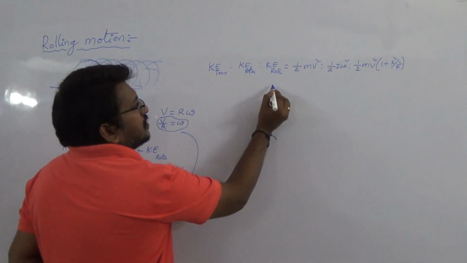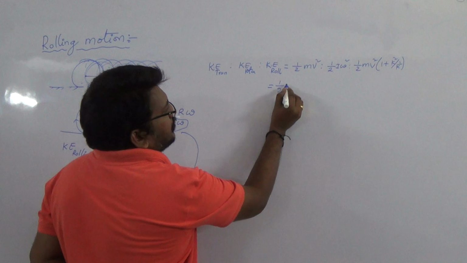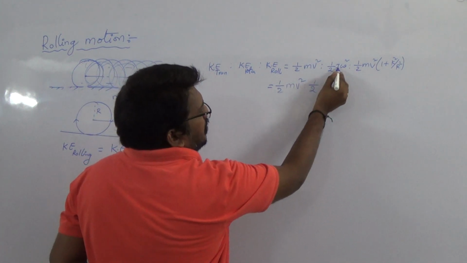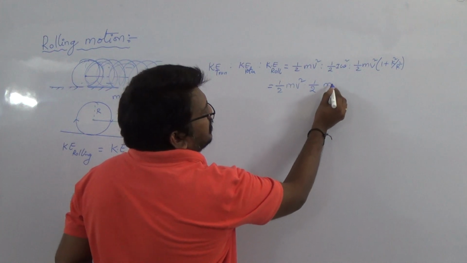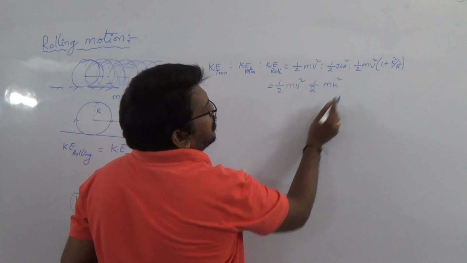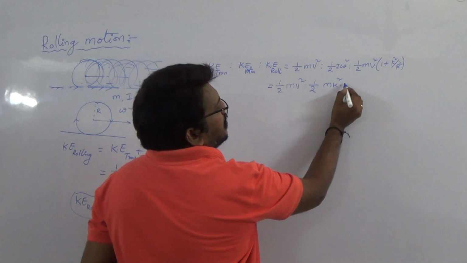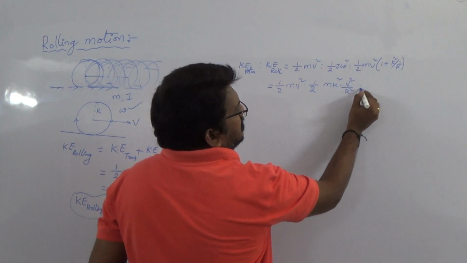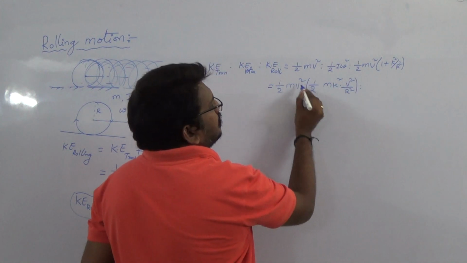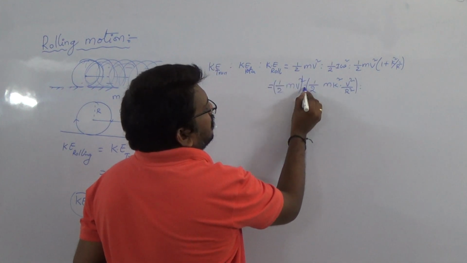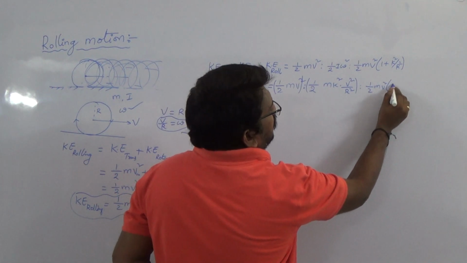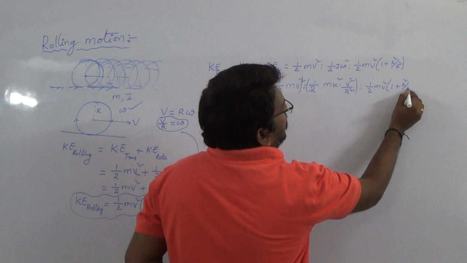So half m v square is to half, in place of I we write m k square, omega plus 1, same way v square by r, is to half m v square of 1 plus k square by r square.